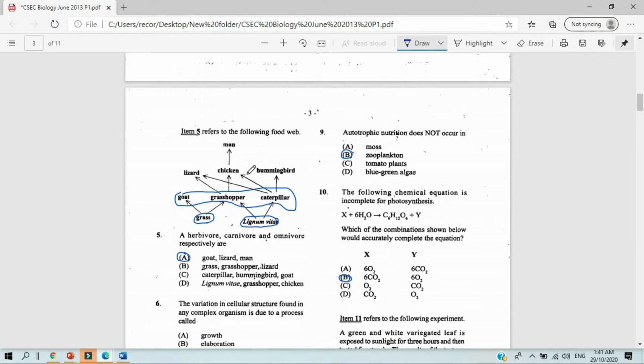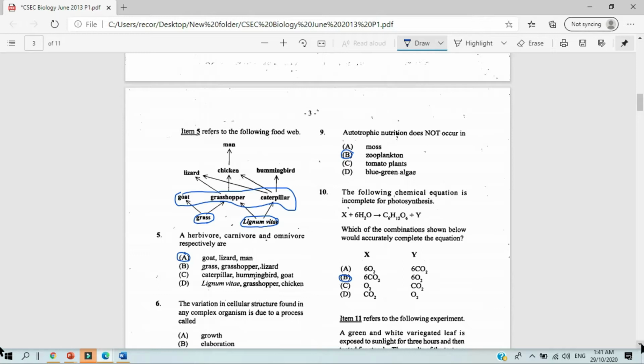So then you have to draw on prior knowledge to say that your omnivore, the organism that would be eating both plant and animal, meat and plant, that would have been our human. So our answer here is going to be A, goat, lizard, man. So goat is your herbivore, lizard, carnivore, and man, of course, the omnivore.